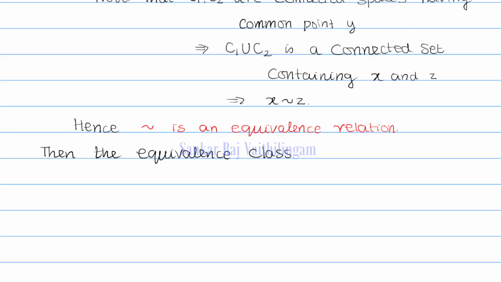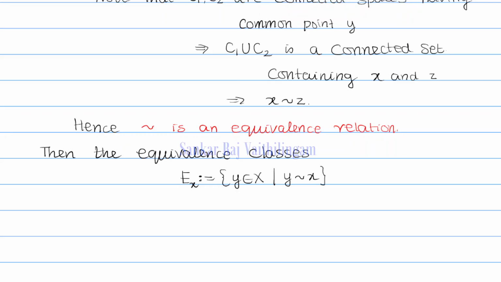Of course, there will be many equivalence classes. Given an x, I take E suffix x. Okay, this is equal to the set of all y belongs to capital X such that y is related with x.